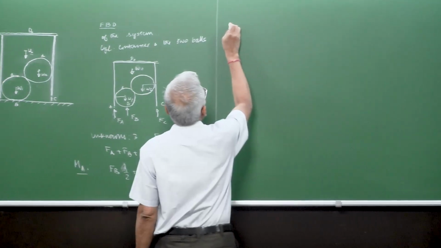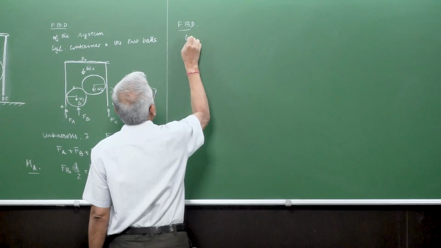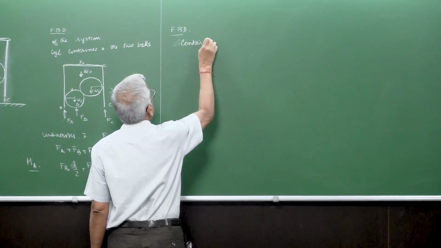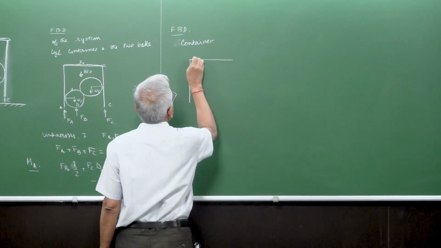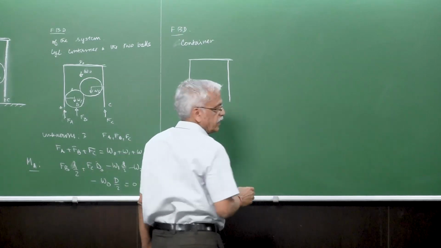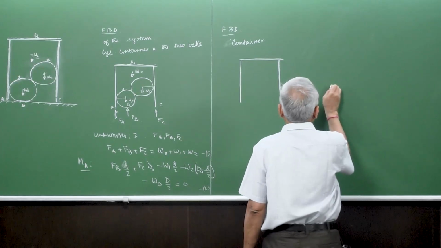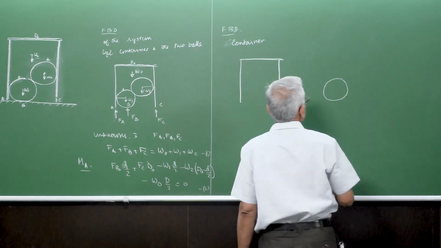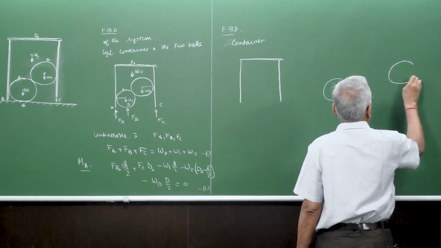So the FBD of the container. This is the container, and let us also draw this ball B and the second ball.